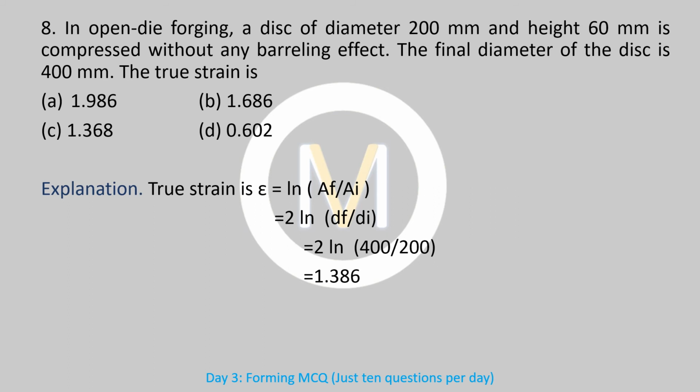The area is pi by 4 d square, and again here also pi by 4, so the pi by 4 part will be cancelled out. We have d square, and that is taken out here. So we have this formula that is actually derived from the true strain only. Here we'll be putting the final diameter and initial diameter, and that will give you the direct strain. So the correct answer will be C.